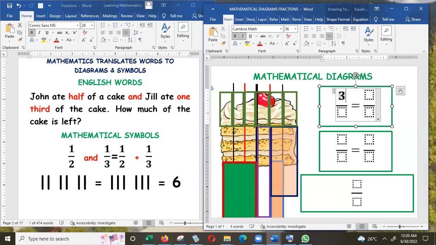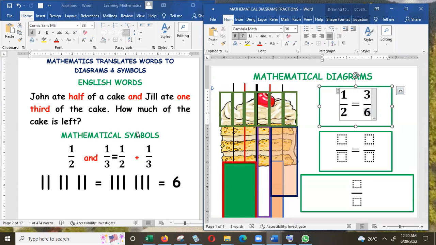So 3 out of 6 is the same as a half, or we can say a half is the same as 3 out of 6. So that is what John ate.